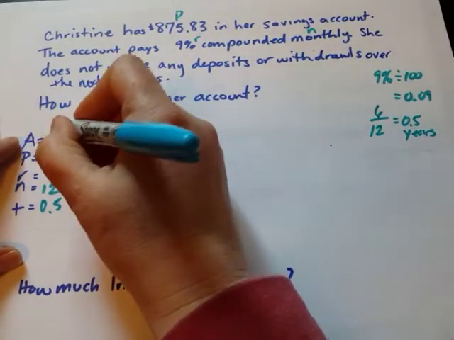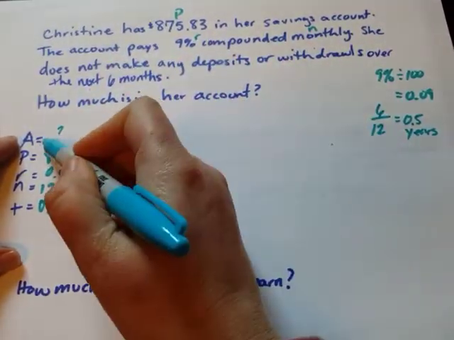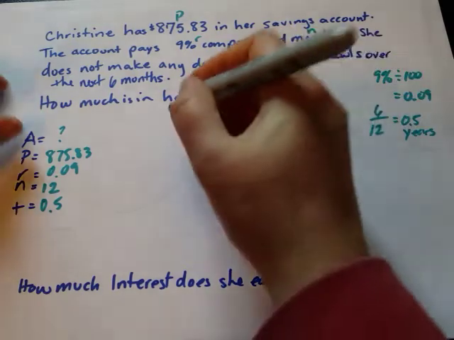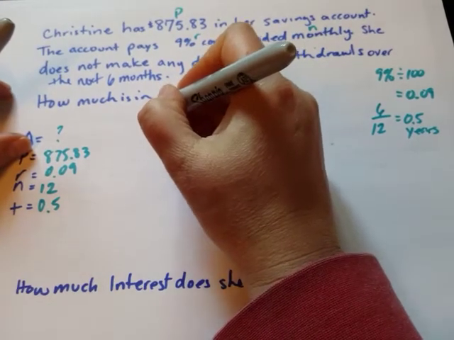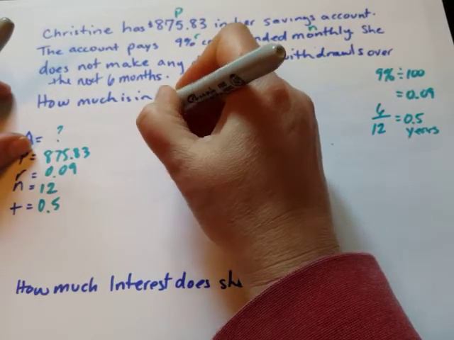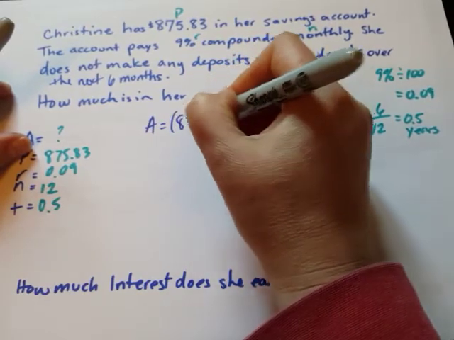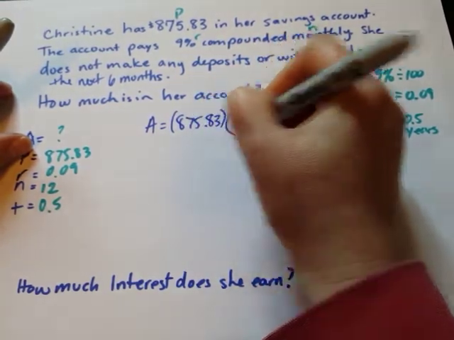Lovely. So the thing that we're looking for is how much is in her account, and that's our A. This is fantastic. We can go ahead and set up our compound interest formula. So we'll have A here. We'll use for P 875.83.